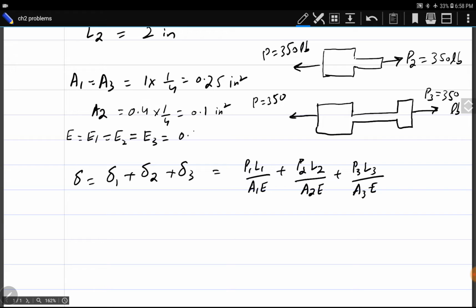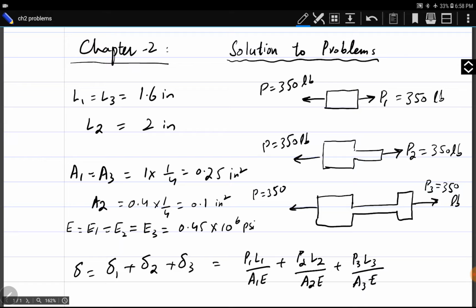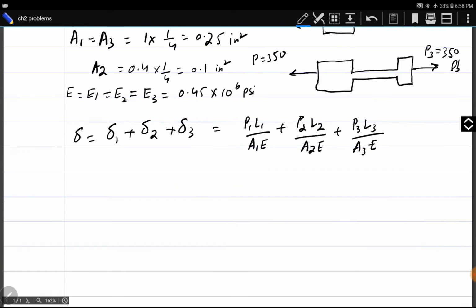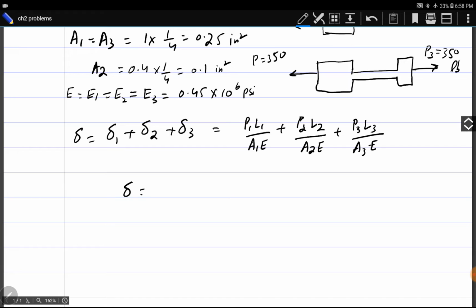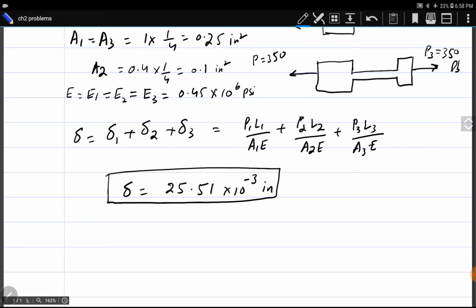It is given as 0.45 times 10 to the power 6 psi. So if we put values which have been already calculated, P1, P2, P3, A1, A2, A3, L1, L2, L3, similarly E, we can find the net deformation. After calculation, it will be around 25.51 times 10 to the power minus 3 inches. You can do the calculations by yourself. I have already done it.